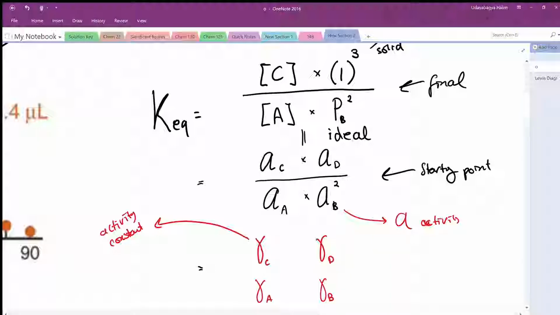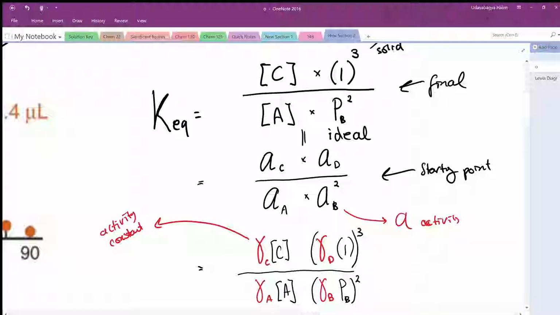So C is aqueous, so... okay. We're just sneaking a bunch of gammas in, putting one right in front of each of the coefficients that you had before. It's just a correction factor. So I put it there.